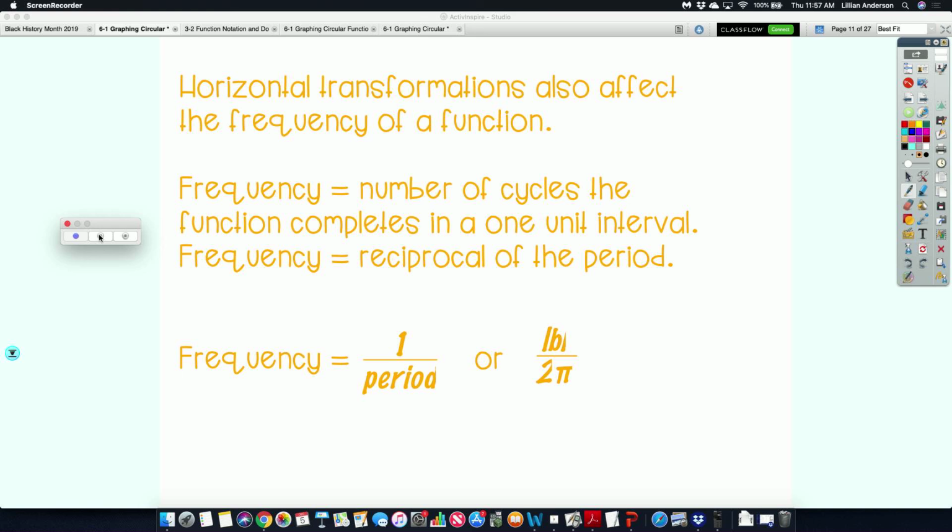For those who plan to go into physics or anything along those lines, you deal with frequencies, sound waves. For you musicians out there, music models a circular function, a sinusoidal function. So it's close to home.